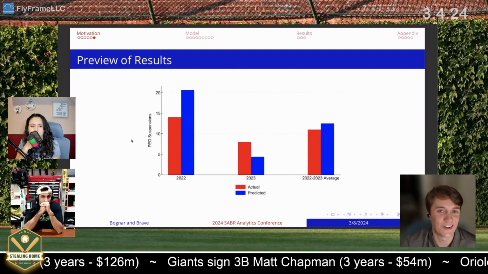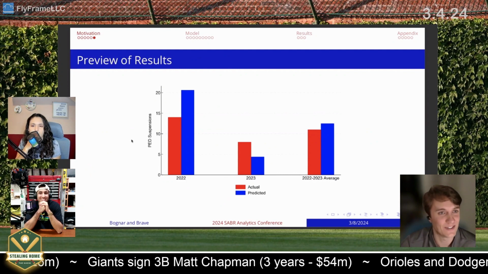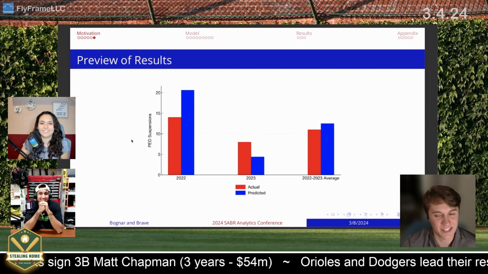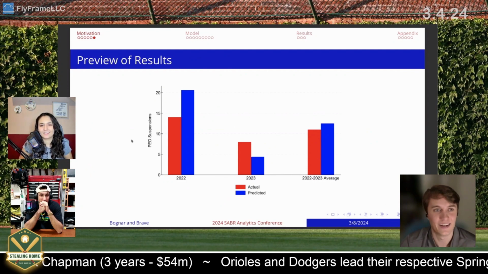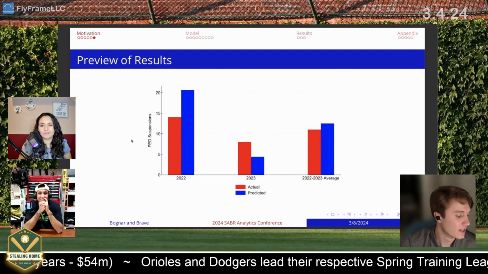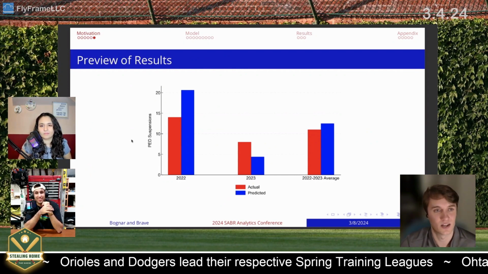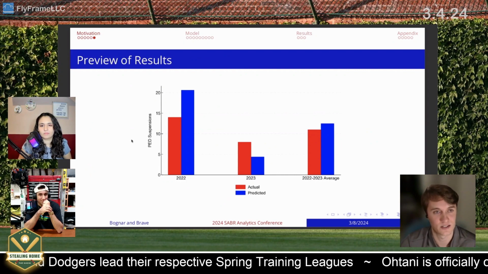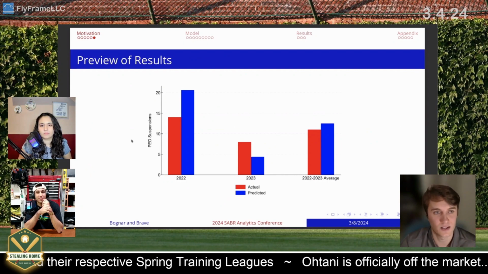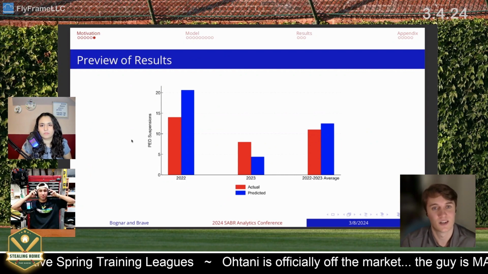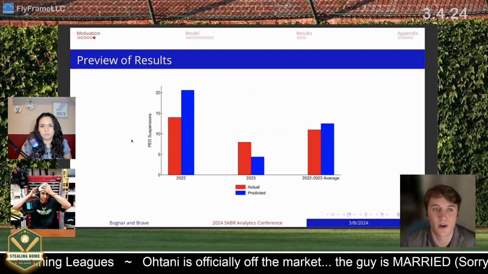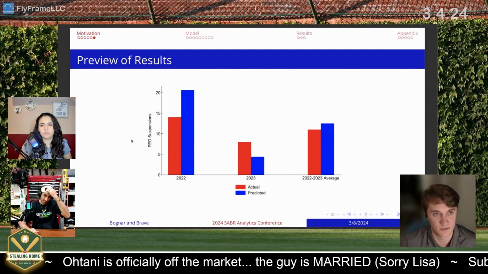Before I go on to the next couple slides, I want to warn you, it's very notation heavy, but I want to preface that this model really is just a simple cost benefit analysis. It's taking expected returns and expected costs and evaluating them from the league and the player's perspective.